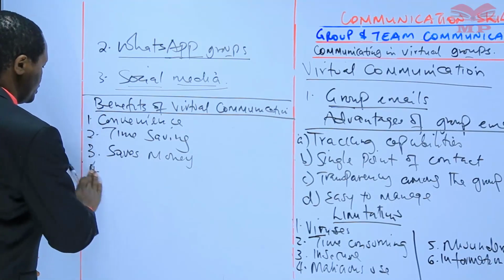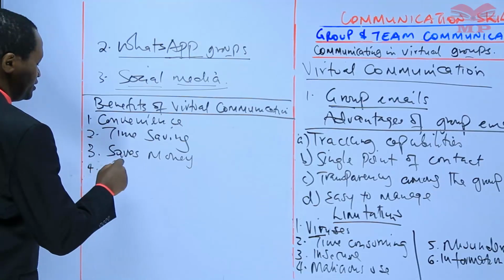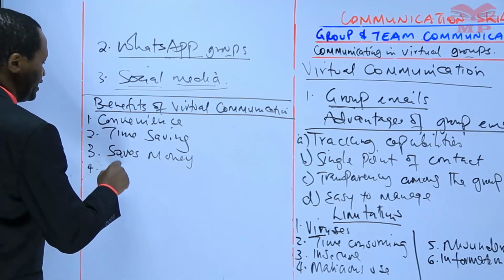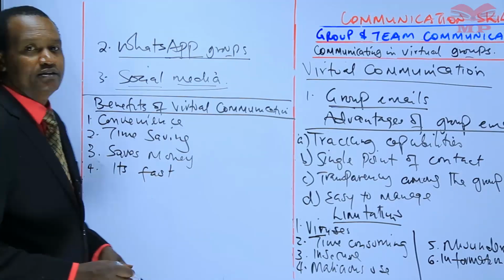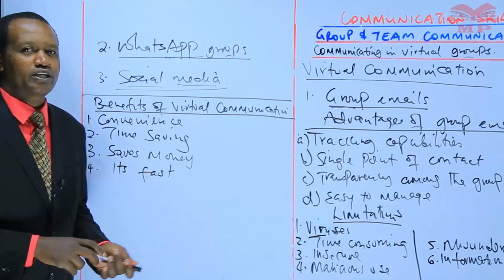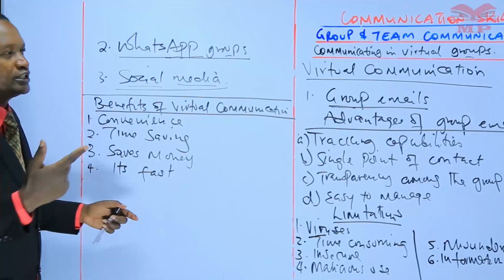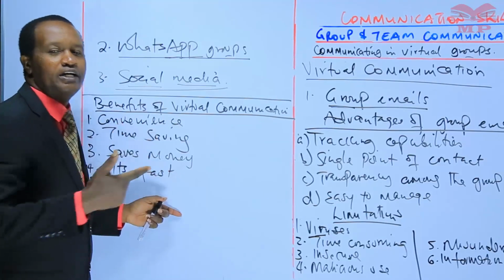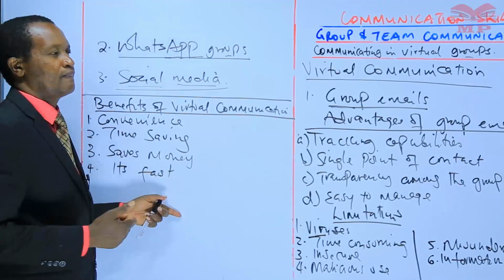4, speed. Or you can say it's fast. Virtual communication takes no time to connect with the other person. It's just a click away, and you get to convey what you want to communicate.